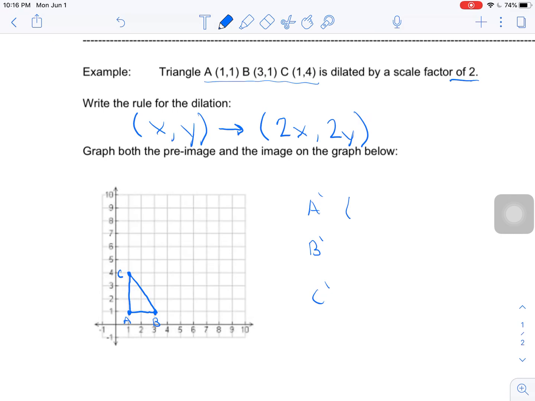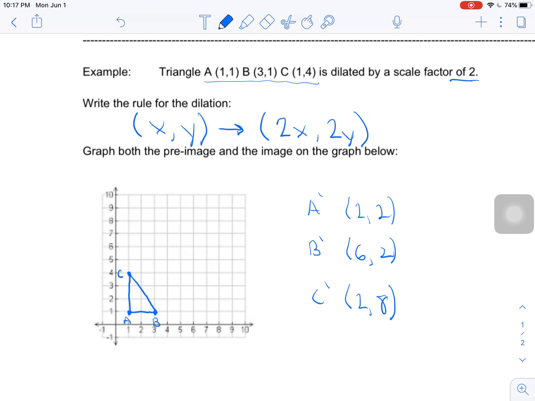So if A is 1, 1, A prime is going to be 2, 2. B was 3, 1. B prime is going to be 6, 2. And C was originally 1, 4. If we double that, now it is 2, 8. So in order to graph a dilation, you have to use your rule to figure out what your new coordinates are and then graph those new coordinates.